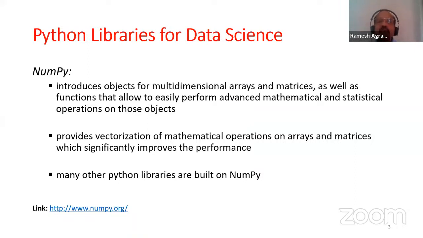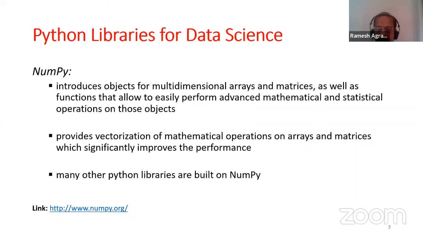We can write a for loop, for i equal to 1 to 5, for j equal to 1 to 5, Cij equals Aij plus Bij. Then the code looks a little bigger. And sometimes when the code is bigger, it is difficult to understand what is happening, and it also takes more computation time.